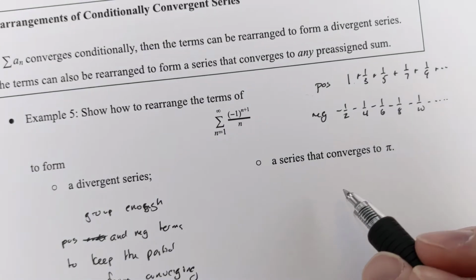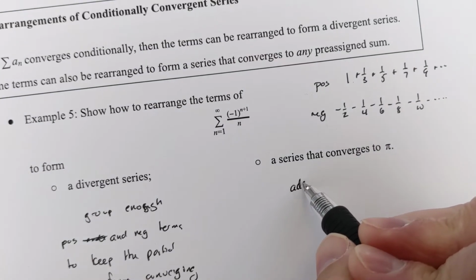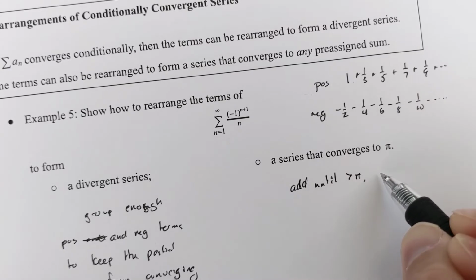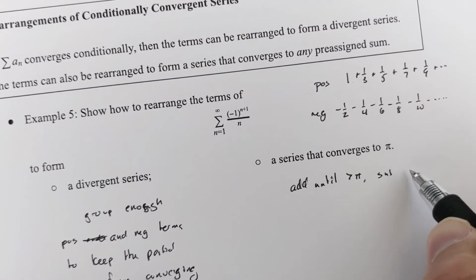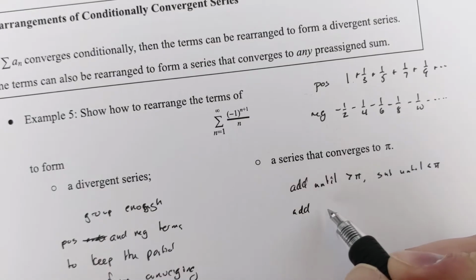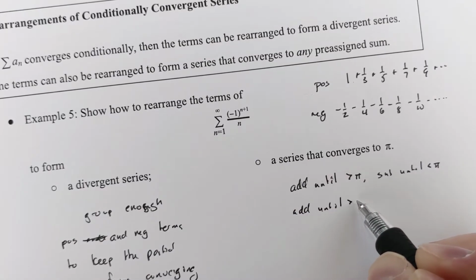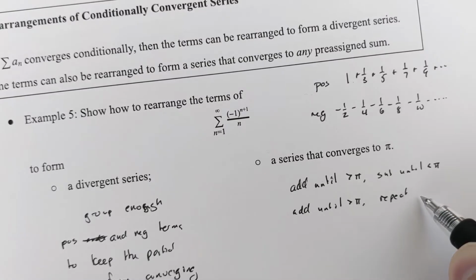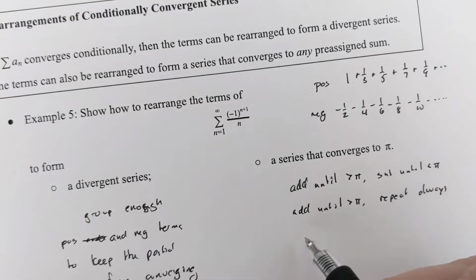So here, we would add until greater than pi, and then subtract to less than pi, add until greater than pi, and you repeat, always closing in on pi.